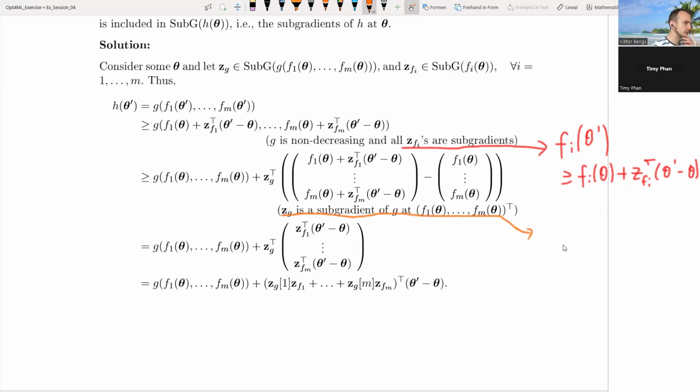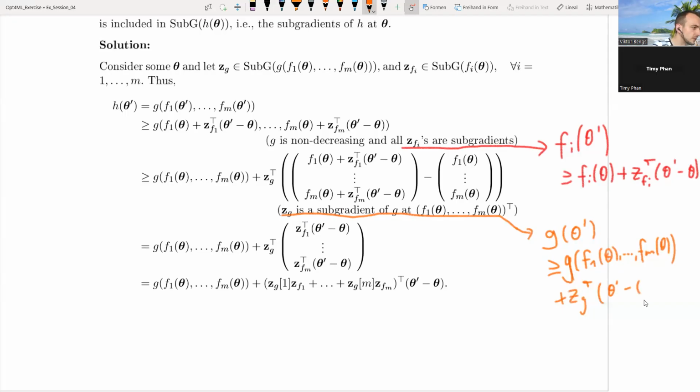This is telling us that g evaluated at some theta prime, which we will specify, is greater than g evaluated at f1 of theta and so on up to fm of theta, plus zg transposed times theta prime minus theta, the point at which we look at for the subgradient, and this is that one here.